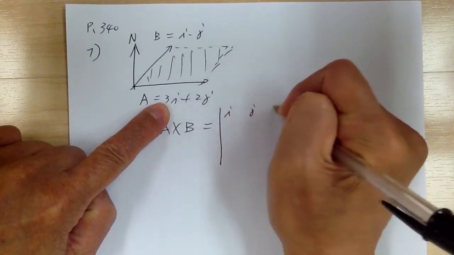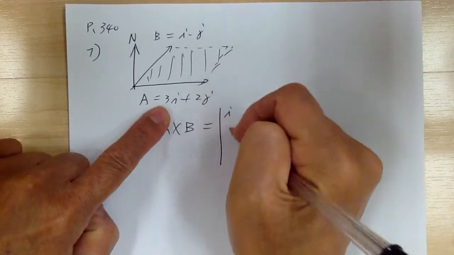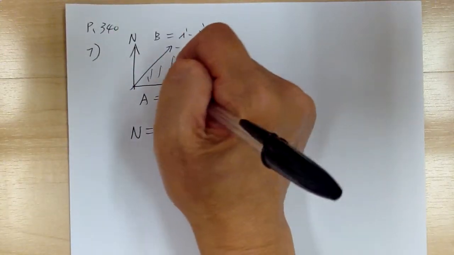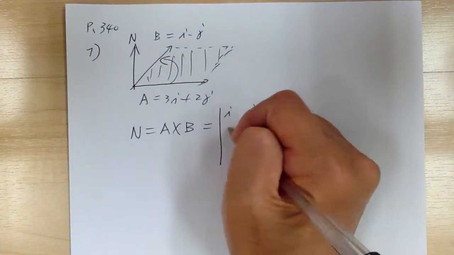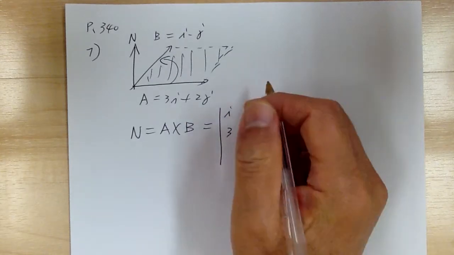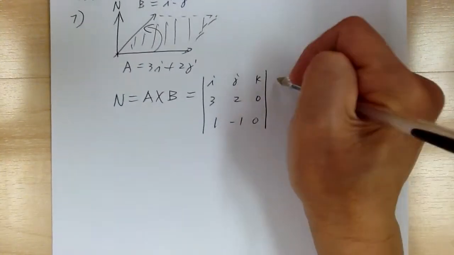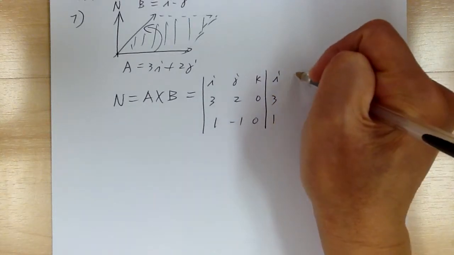i, j, and k. And again, watch your order, right? You have to go counterclockwise. So you have to go from A to B, right? So it'd be 3, 2, 0, and you got 1, negative 1, 0. And copy the first two columns so you can do the diagonals.